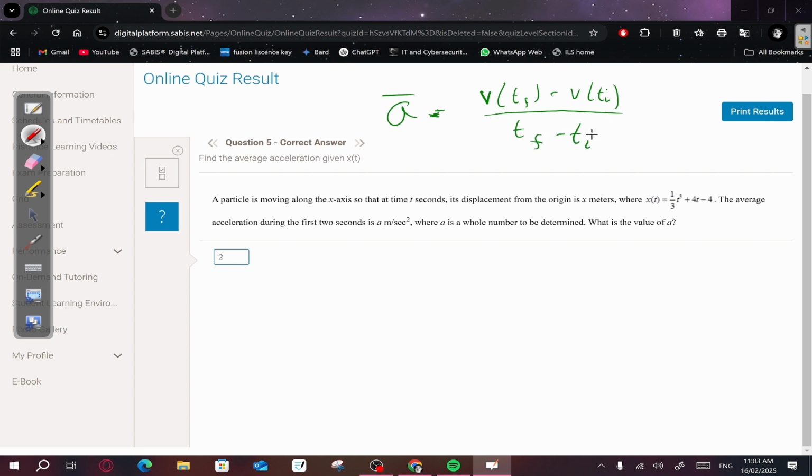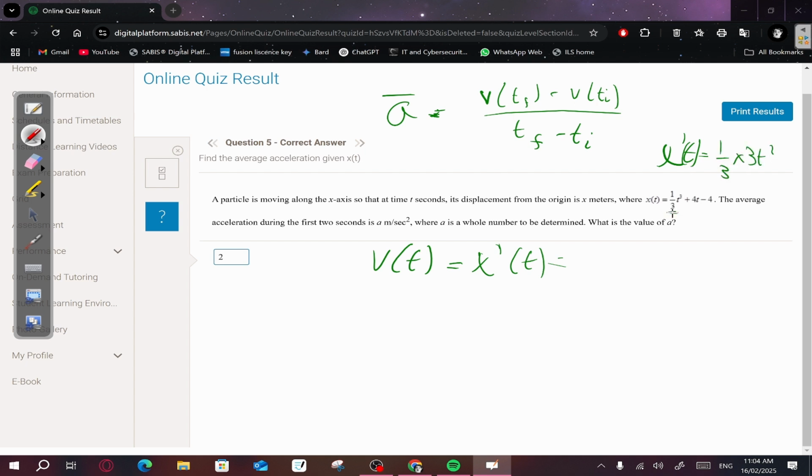So first, let's find v of t. V is the derivative of x of t, so x prime of t equals the derivative of 1/3 t cubed plus 4t minus 4. The 1/3 is a multiplicative constant, so you keep it and differentiate the variable: 1/3 times 3t squared.